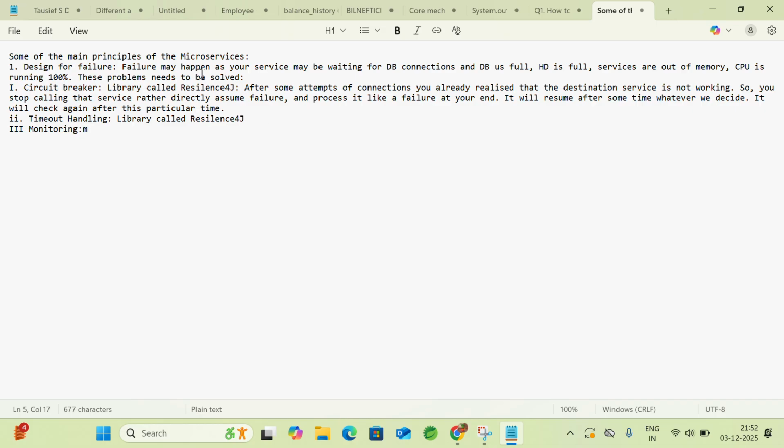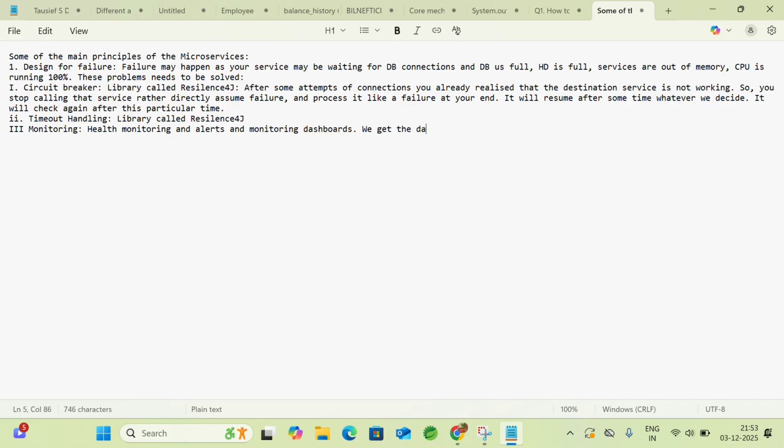Basically, there is health monitoring and alerts will be there, and we may have some monitoring dashboards that will give us updates on how many requests there are.